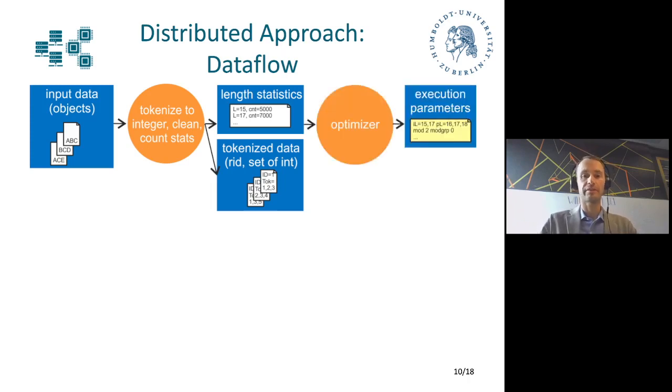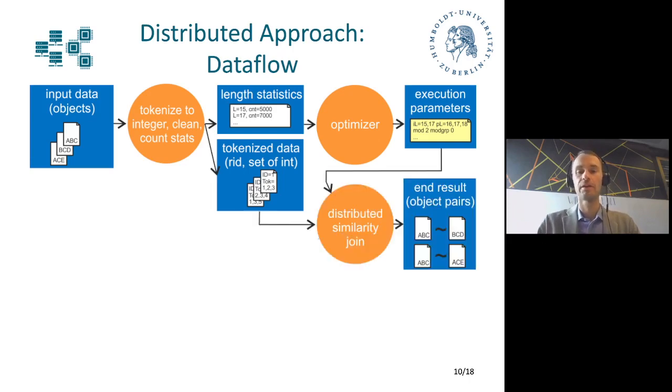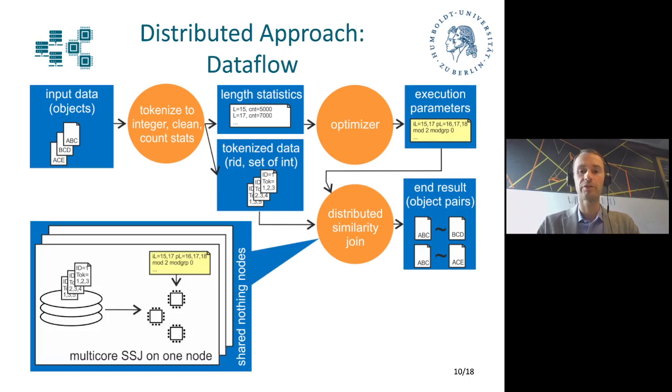Starting from these length statistics, we run our optimizer. The optimizer is an offline optimizer which creates execution parameters. These execution parameters together with the tokenized data are the input for the distributed similarity join, which produces the end results, the object pairs. The distributed similarity join is composed of many machines.